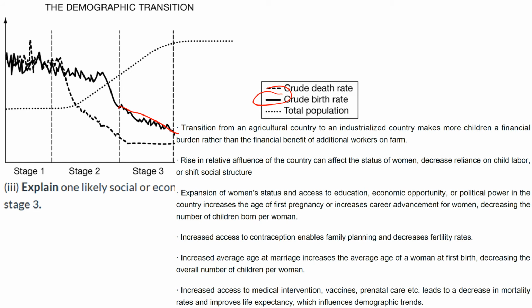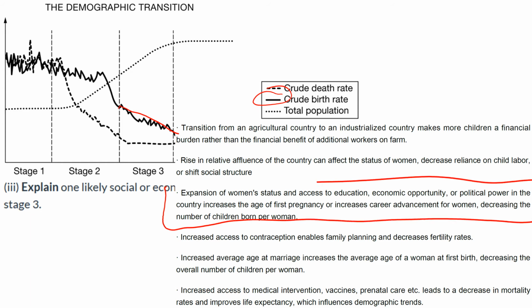But what we're going to be concentrating on is this right here. The expansion of women's status and access to education, economic opportunity, or political power in the country increases the age of first pregnancy or increases career advancement for women, decreasing the number of children born per woman.